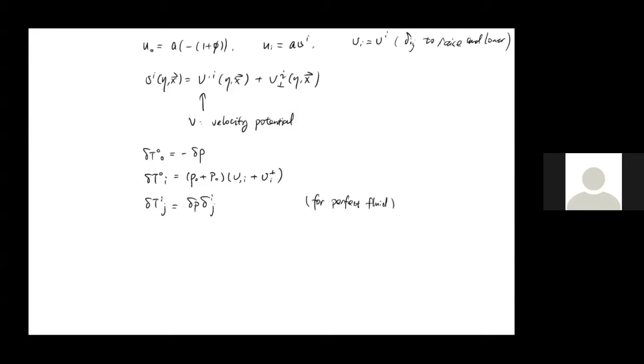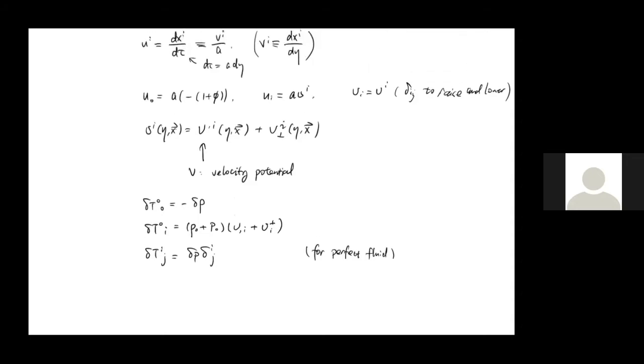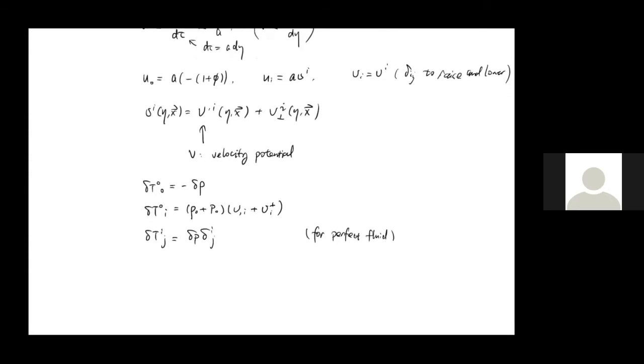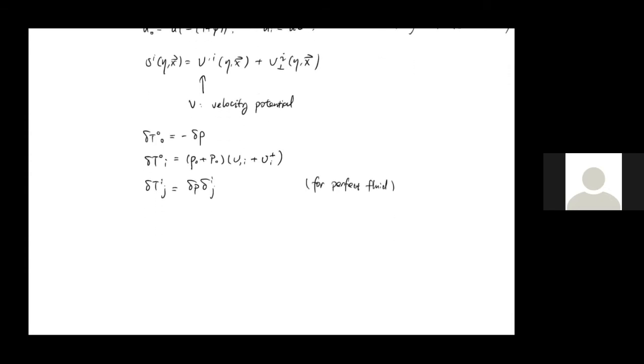Otherwise, we might have some anisotropic stress in the spatial direction. Okay, in this case, at least we have to consider, as before, the transformation laws for all of these quantities, especially the energy density and the perturbation of the velocities.